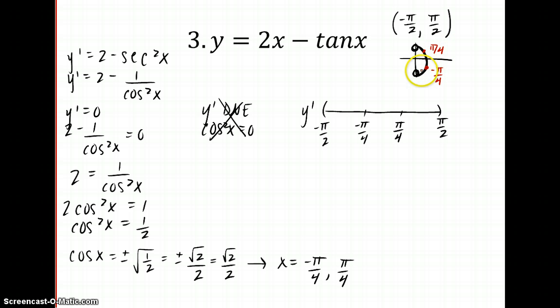So between negative pi over 2 and negative pi over 4, we would want to pick this exact value, and that would be negative pi over 3. We can choose 0 in this interval, and then we would choose positive pi over 3 for that interval.